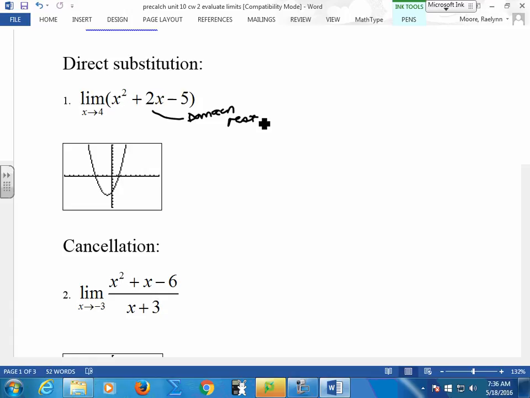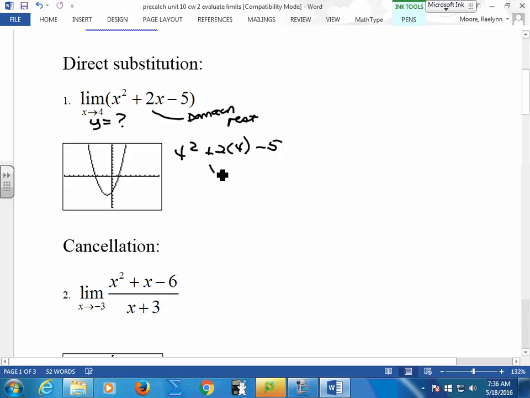So all I have to do as x approaches 4 is find out what is that y value. You could do it in your graph. You could substitute it in directly. 4 squared plus 2 times 4 minus 5. 16 minus 8 gives you 8, minus 5 is 3. So your limit is 3.